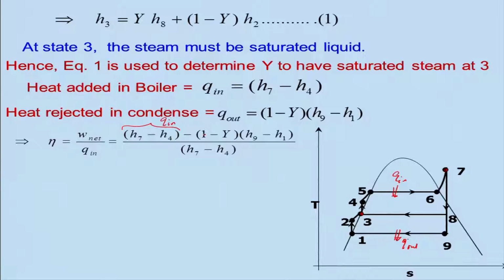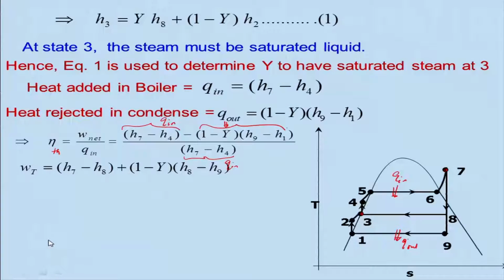Q out is basically 1 minus Y times H9 minus H1, divided by H7 minus H4, that is of course the Q in. So, you can find out the thermal efficiency very easily, right.